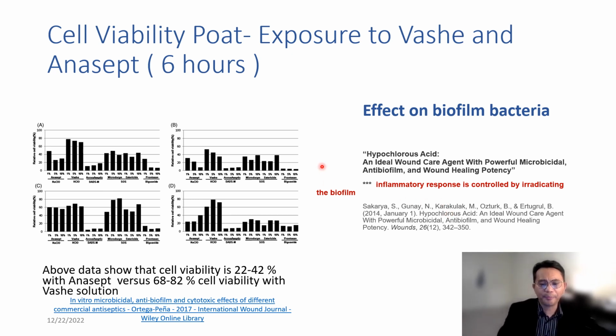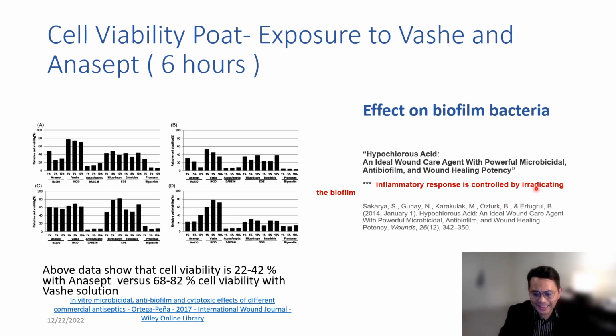Okay, so they're saying that with the use of hypochlorous acid, it decreases this inflammatory response by removing the biofilm. You know why? Biofilm actually has specific extracellular DNA that can easily get recognized by our immune system.